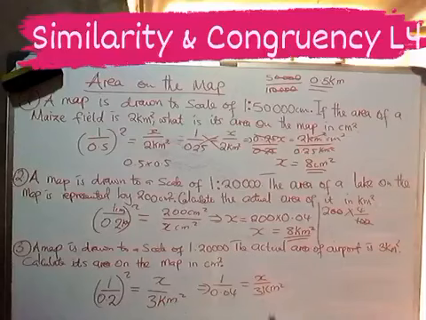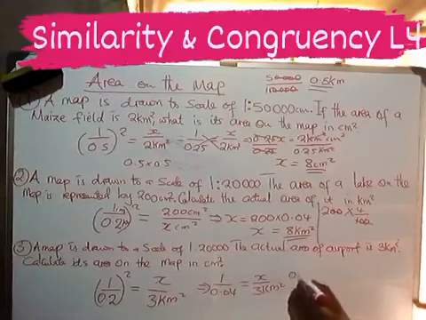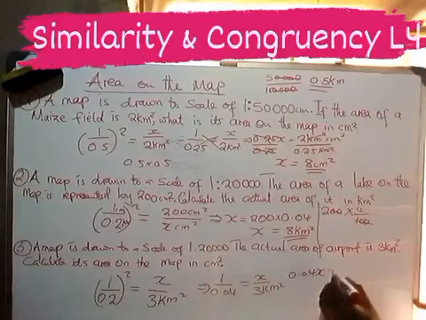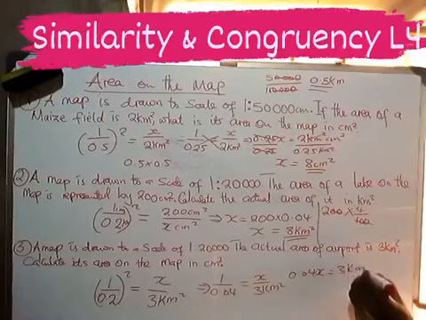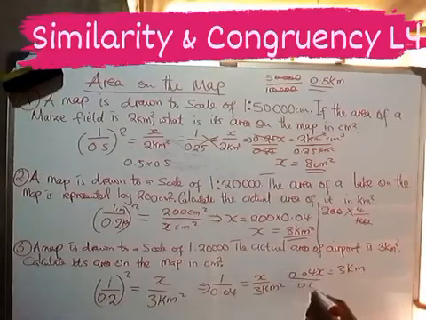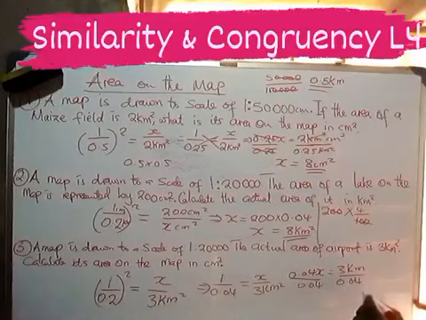So we cross multiply: 0.04x is equal to 3 kilometers. We divide by 0.04 on both sides.